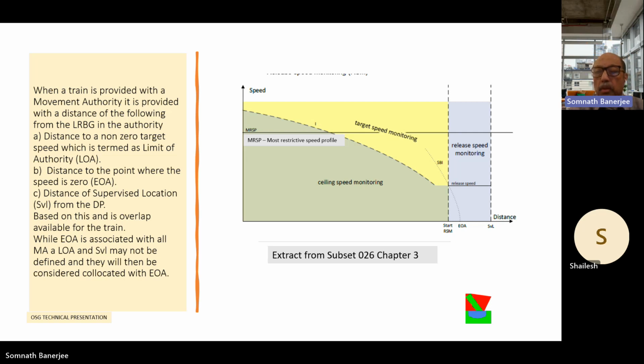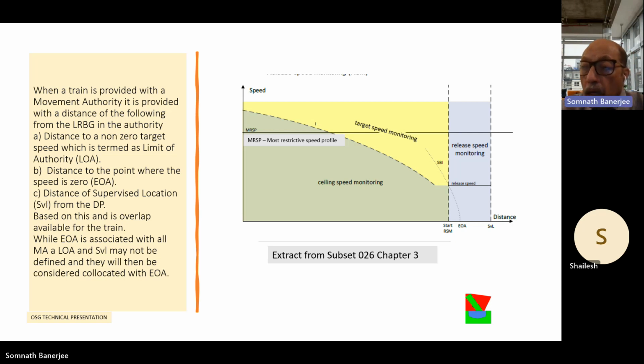Now, the limit of authority is a point where a train may be given a target speed which is not zero. This is necessary because you may have a situation where you want to see that the train is approaching the end of authority at a relatively comfortable speed to allow it normally to stop at the end of authority, yet not being affected by the errors to such a degree that a train can never reach it.